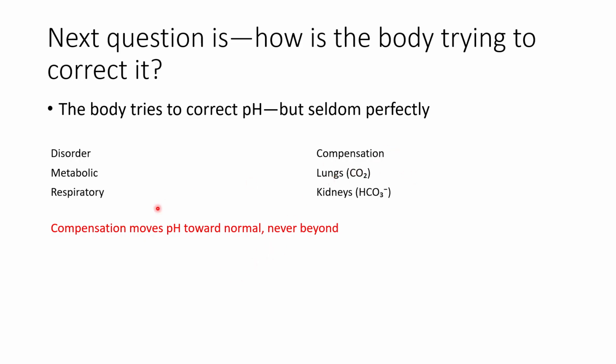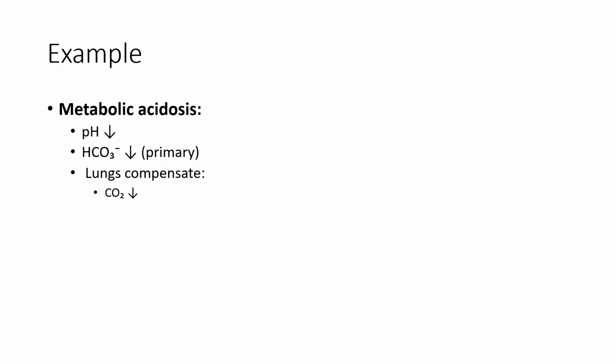And you also have to remember that it always goes towards normal. It can never overcompensate. If there is respiratory acidosis and the kidney tries to compensate, it won't lead to the alkalotic side. So again, if it is metabolic acidosis, pH will be low. Obviously, it is acidosis. It is metabolic, so bicarb will be low. Now the lung will compensate by decreasing the CO2 levels.